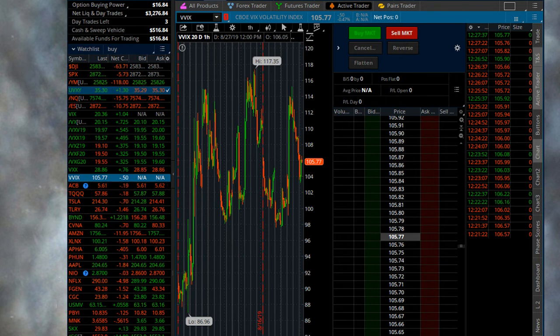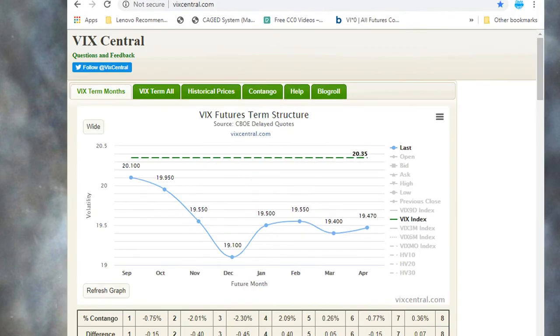All right, so let's take a look at the term structure really quickly. For that, we'll go back to VIX Central here. As we see another little sell-off today, we are back in backwardation, where spot is above all the futures.